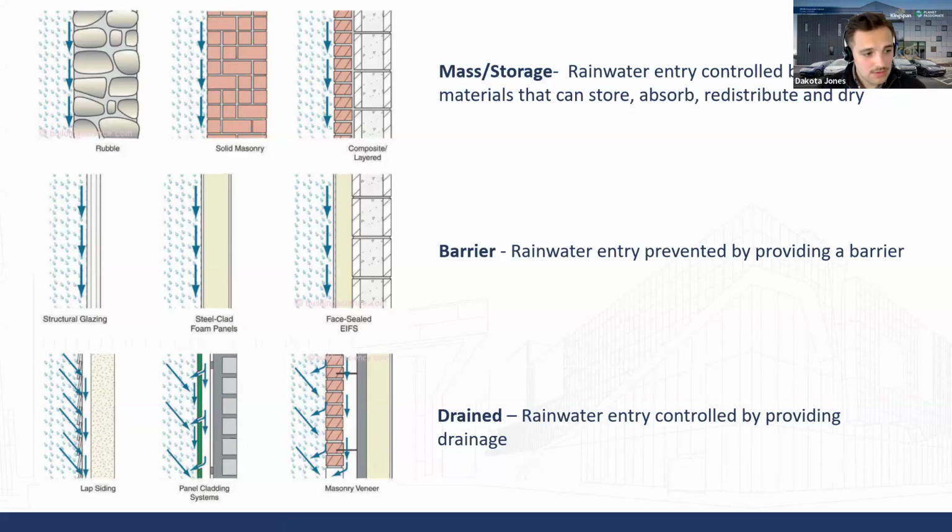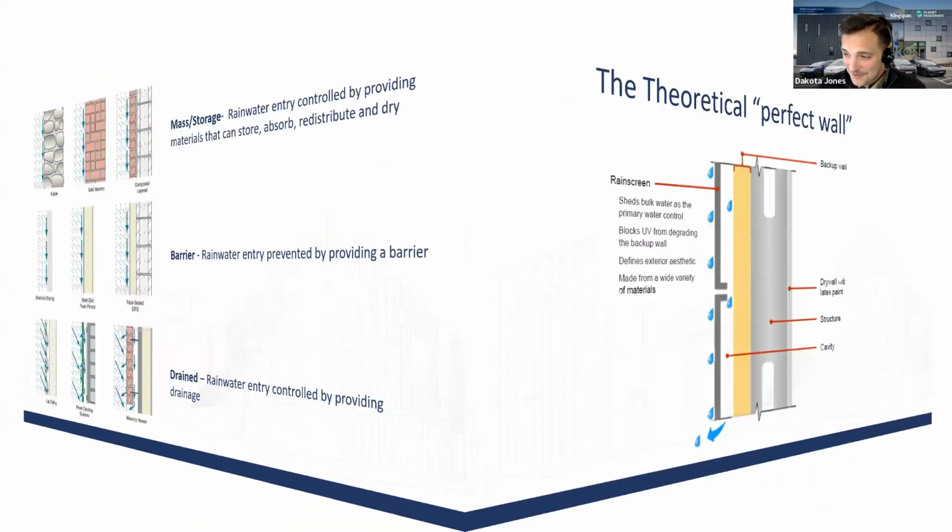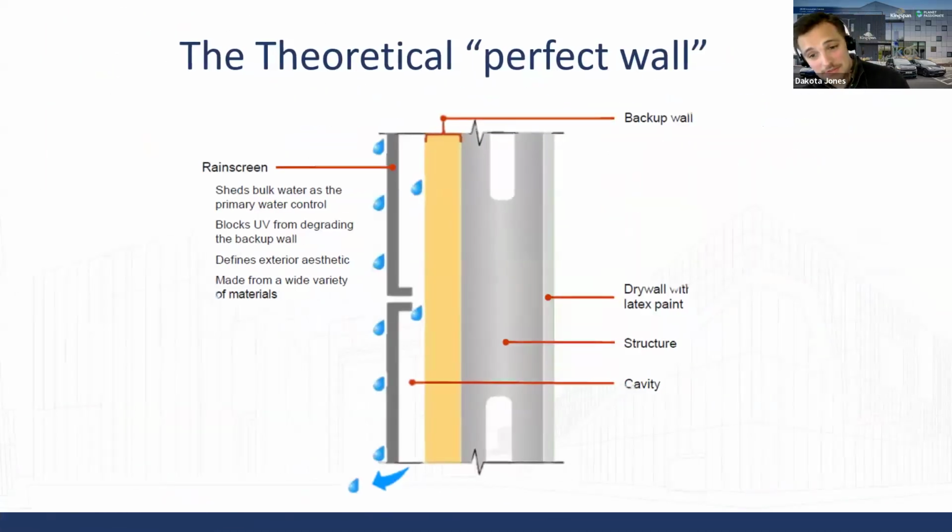And this is what Dr. Joseph Stiebrick, in his paper The Perfect Wall, identifies as the perfect wall. Surprise, surprise. Now, that rain screen can be virtually whatever we want. That's more a conversation about fire code. We want to make sure we're adhering to that while still maintaining our design intent. But that air gap is very important for all the reasons we just talked about. But that backup wall, let's talk about that.